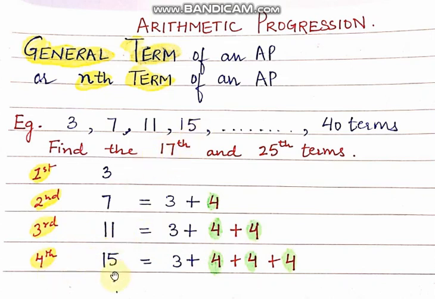Similarly, how did I obtain 15? If I start from 3, one jump gives me 7, 2 jumps give me 11, and 3 jumps give me 15, and obviously the jump size is 4. So the first term plus 3 jumps gives me 15.